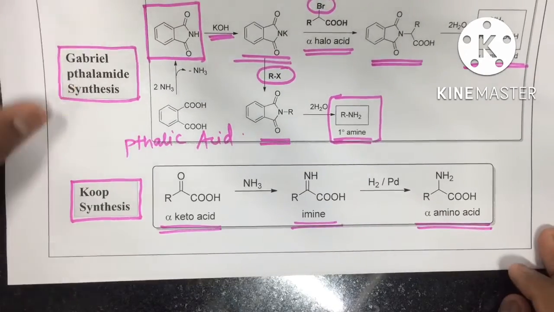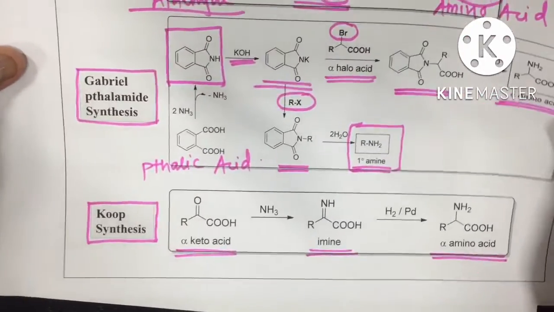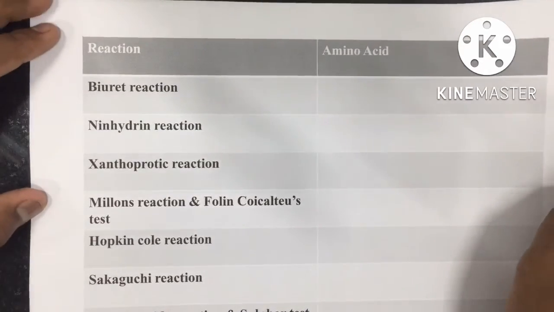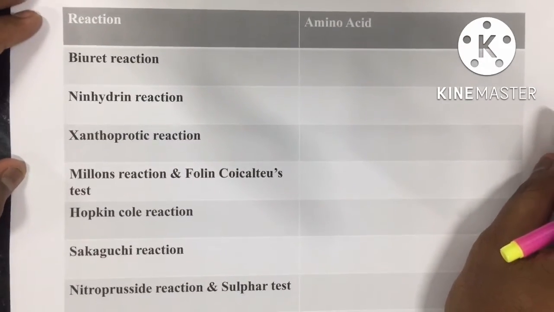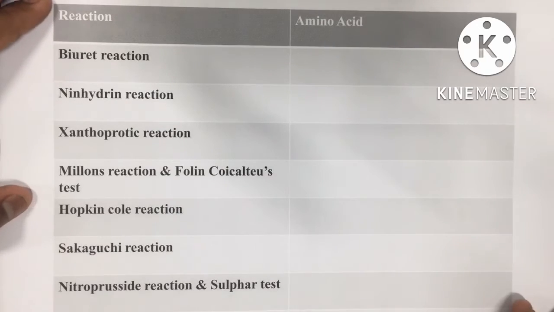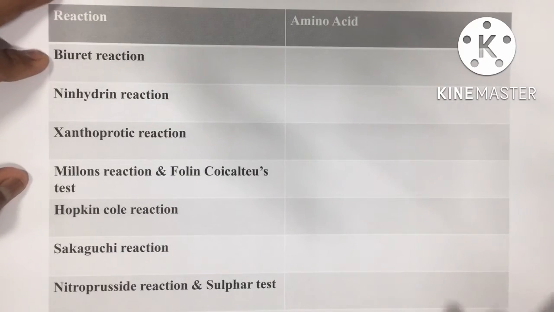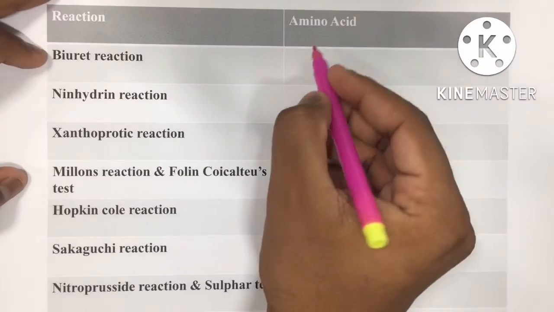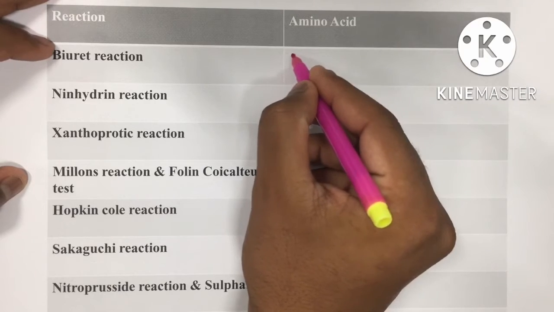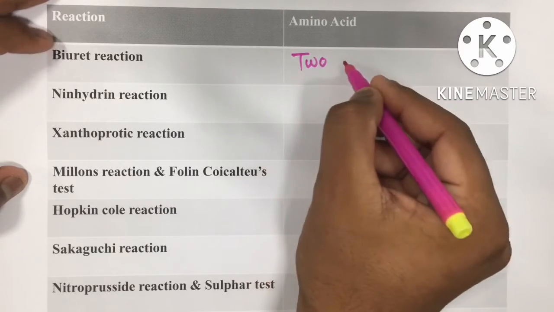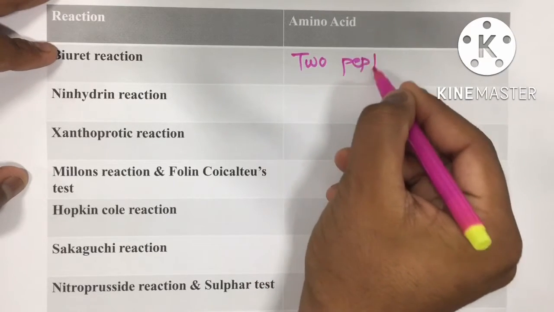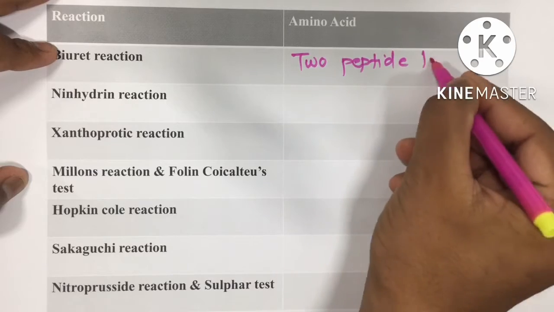And the last and important thing, the different reactions to determine the different amino acids. Biuret reaction is mainly used for two peptide bonds, or two peptide linkages.